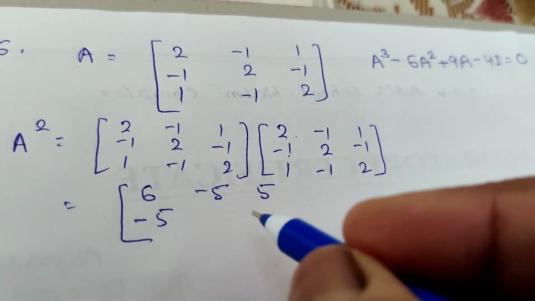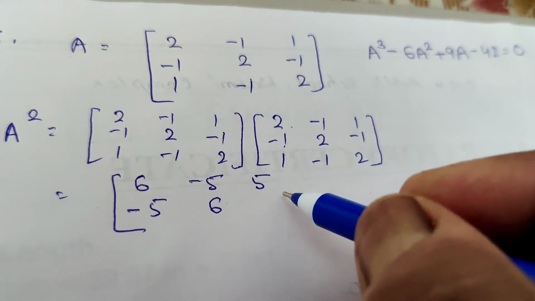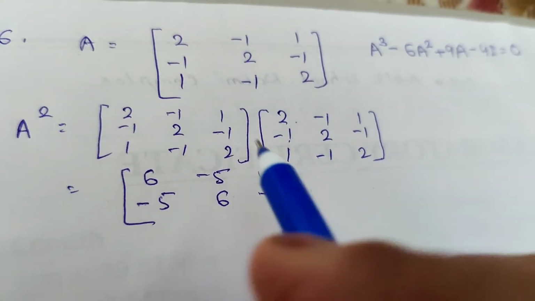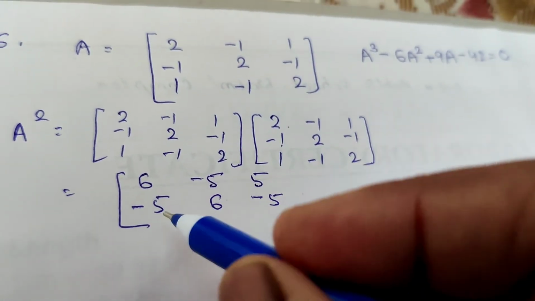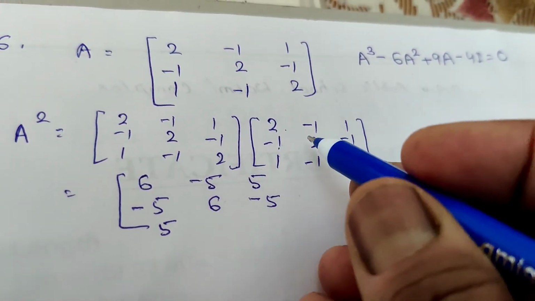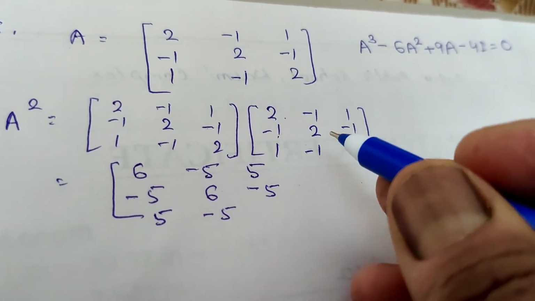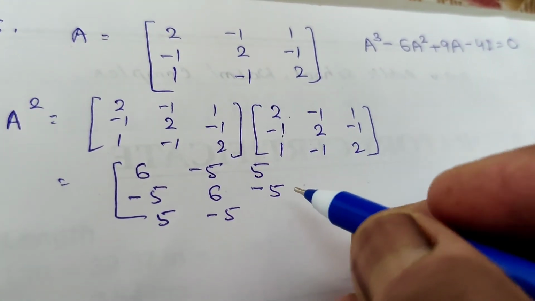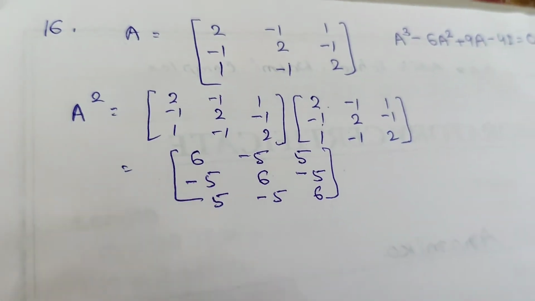Next 6. Next minus 1 minus 2, minus 5, and third row and first column 2 plus 1 to 5, minus 1 minus 2 minus 2, it is minus 5, minus 1 plus 1 plus 4, it is 6. This is the A square.